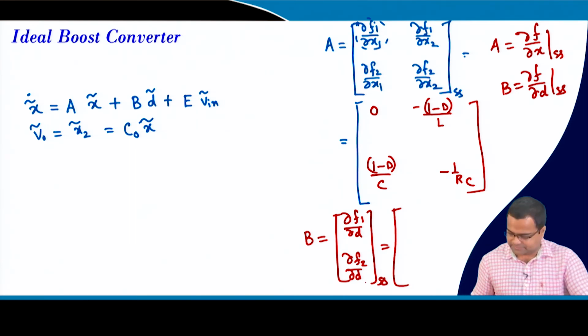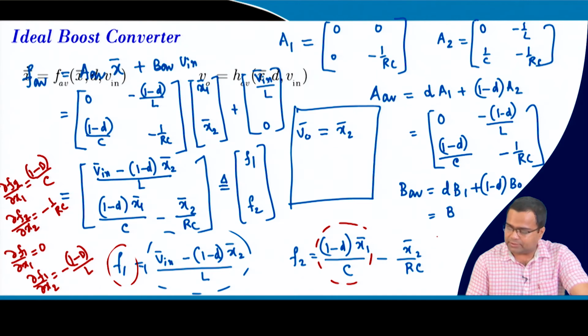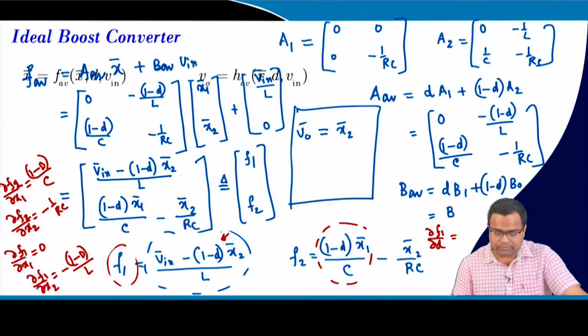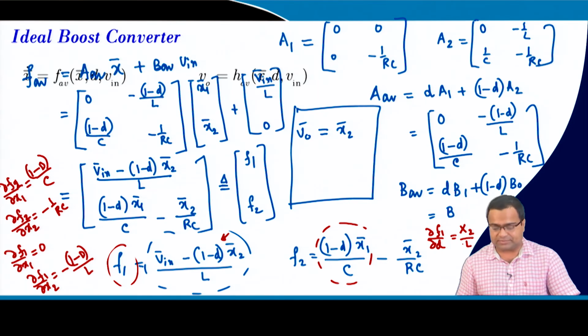Under steady state, if you take this function, what is my dou F1 dou d? If we take this particular term, it will be x2 steady state by L, correct, positive sign.